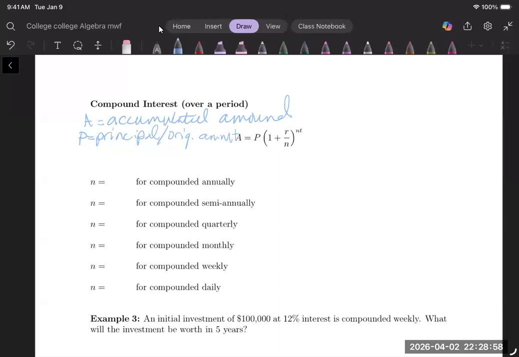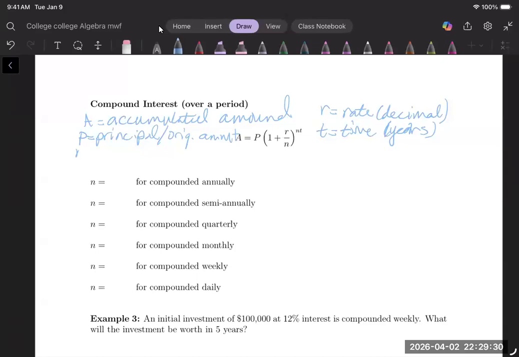R is equal to the rate as a decimal specifically. And T is time specifically in years, unless otherwise noted within the problem. So default setting, years.